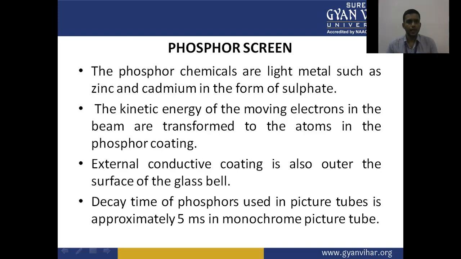The kinetic energy of the moving electrons in the beam is transferred to the atoms in the phosphor coating. External conductive coating is also on the outer surface of the glass bulb.